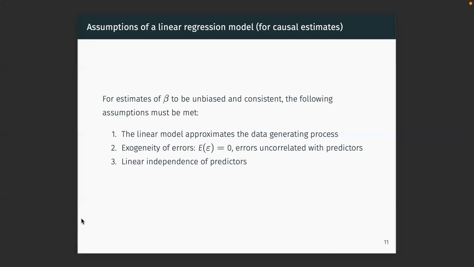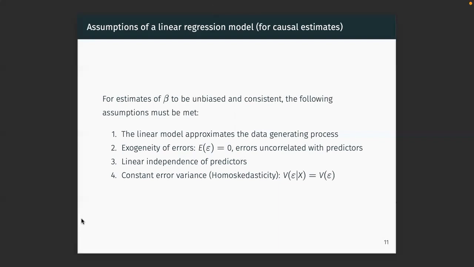So the effect of education on income, which is this right here, isn't isolated. We haven't isolated that in our system so that we can effectively estimate the causal effect. So in this case, we do not have a causal estimate. It's not to say it's not useful, but it's not a causal estimate.